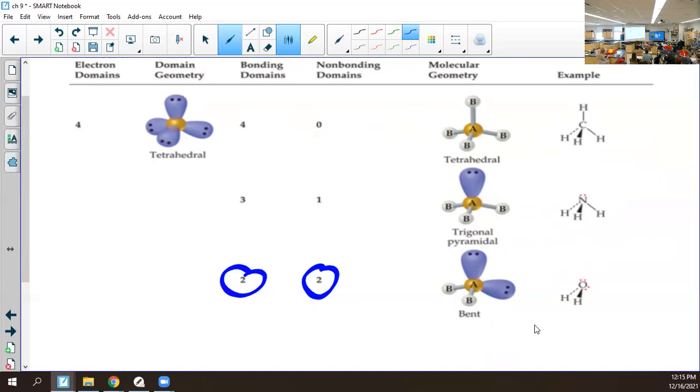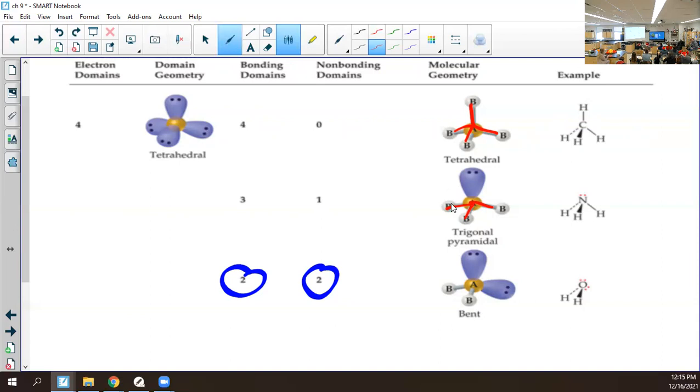Okay, the names, sometimes you can memorize them, sometimes they just make sense. Tetris is a game you play with everything that's made out of 4 blocks, right? Tetra means 4. So tetrahedral, 4 things come out. Trigonal, that probably means 3, which is right. Pyramidal means that they're not on the same plane, and that's because they're being pushed away.